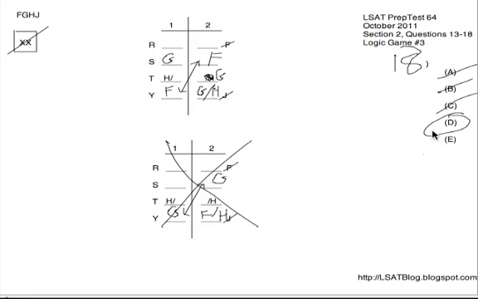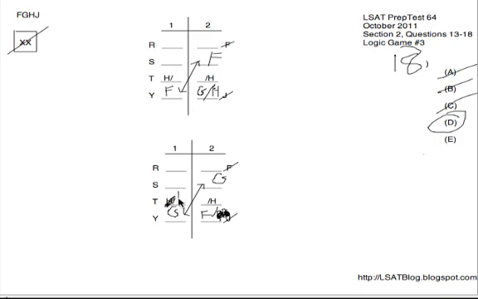I will take a look at E though. So for E, they're telling us both T and Y do F. Obviously, this could never happen in the top diagram. It would have to happen in the bottom diagram. So if that were to happen in the bottom diagram, of course, T and Y both doing F, we would have to have Y doing F2, and then we would have T doing F1.